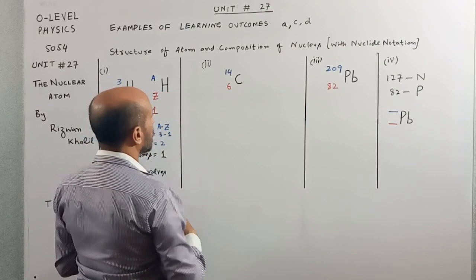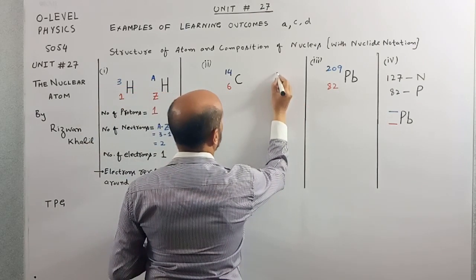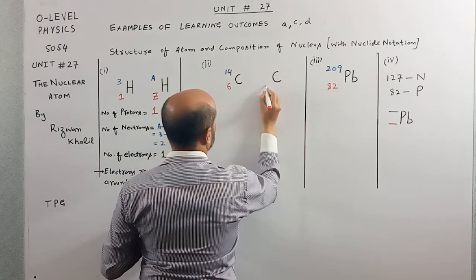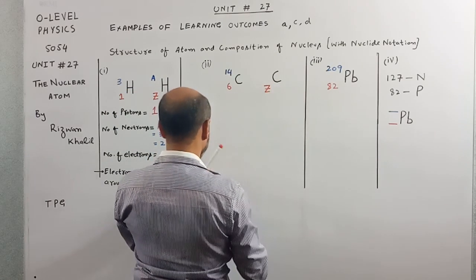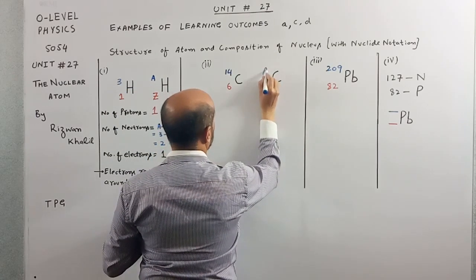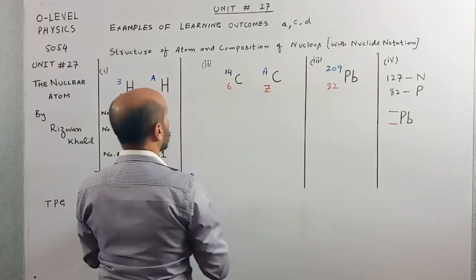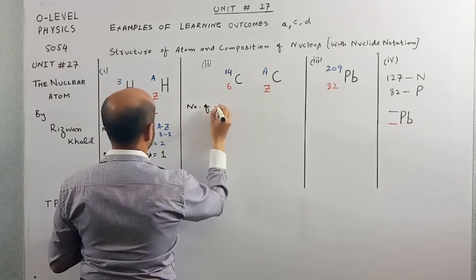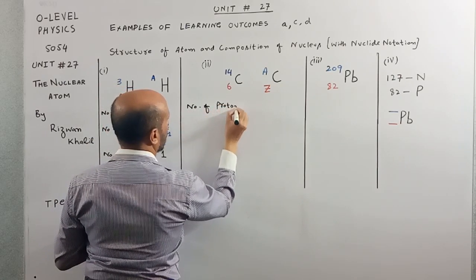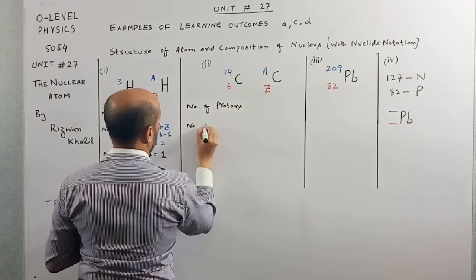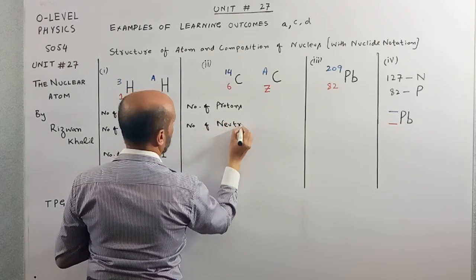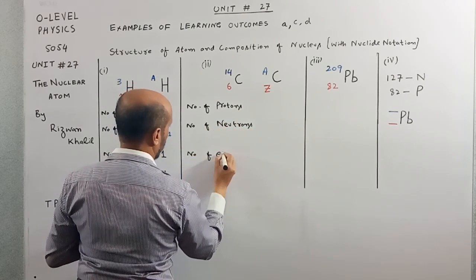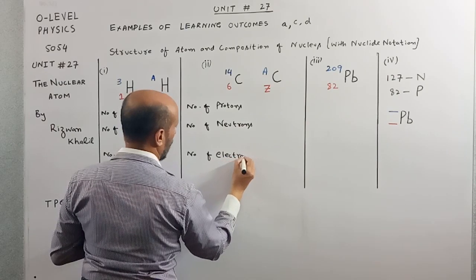Another example: C614, C, this is equal to Z, this is equal to A. Now number of protons, number of neutrons, number of electrons.